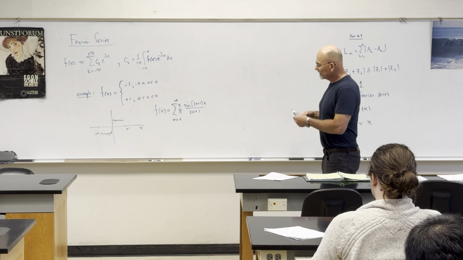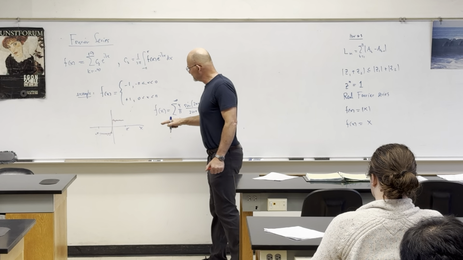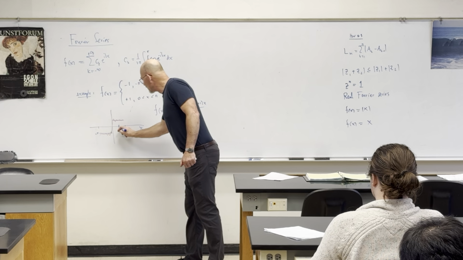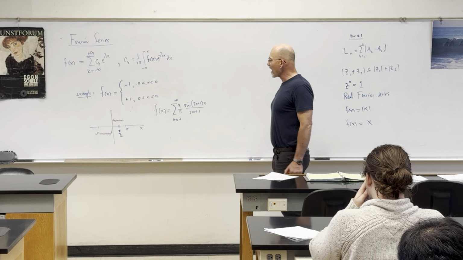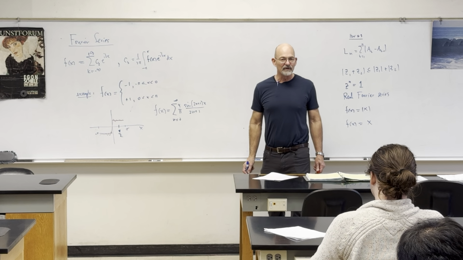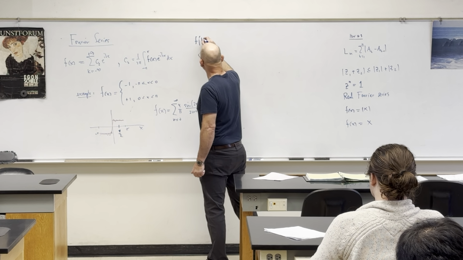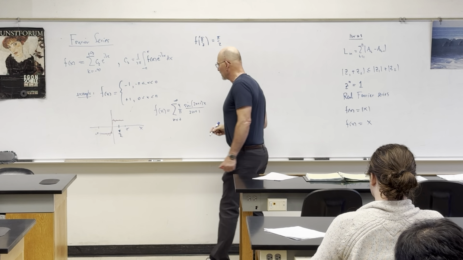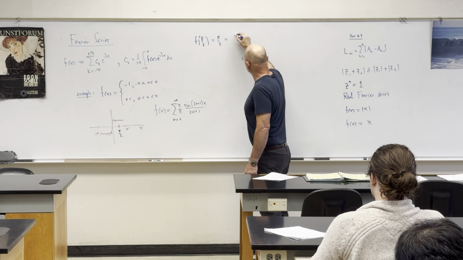Now what's interesting here is that if you take, say, x equals pi over 2, f of pi over 2 is just equal to 1. And that's how we're going to get this infinite series.